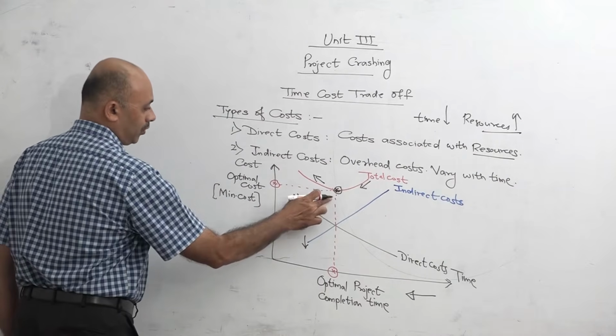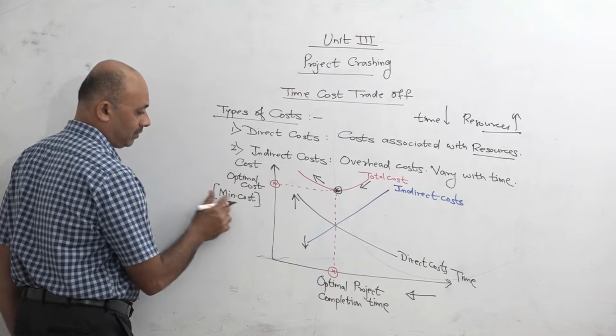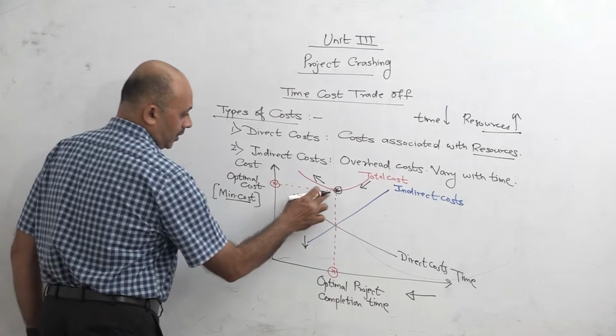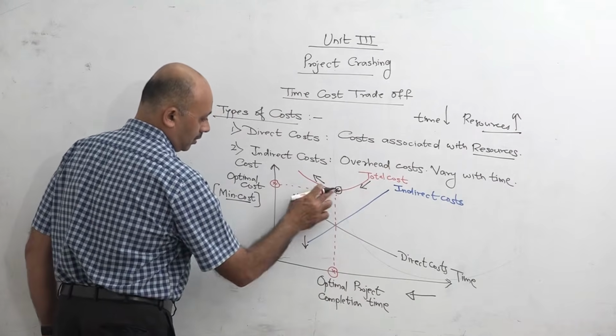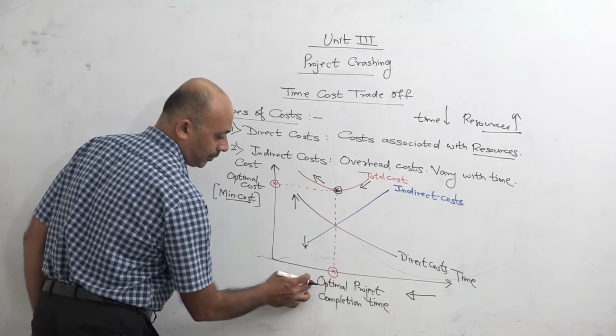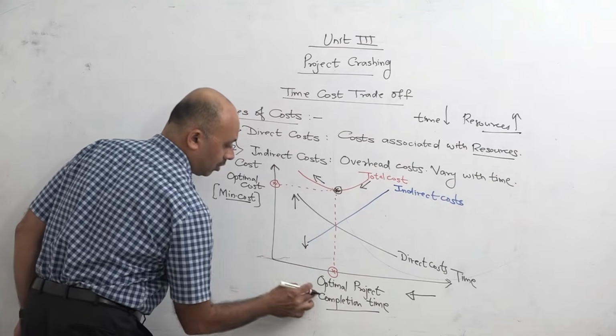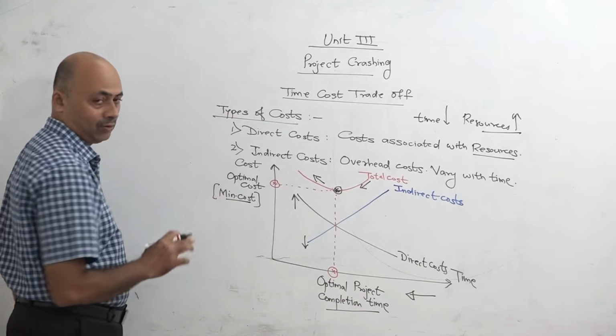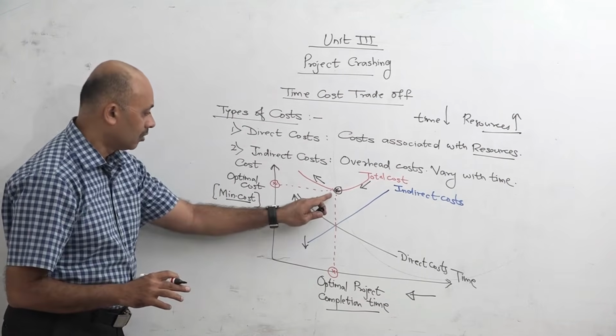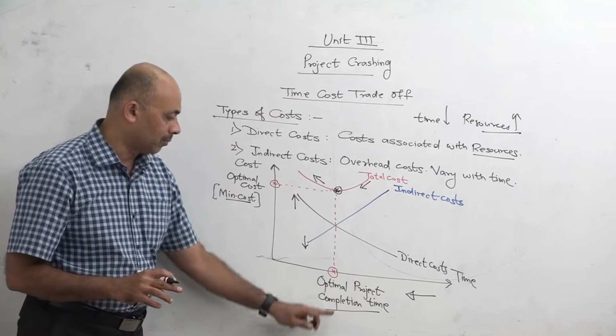So this point corresponds with optimal cost, or you can say minimum cost. And when you project this point on the time horizontal axis, the corresponding time is called optimal project completion time, because it is corresponding with optimal cost or minimum cost. So the objective of project crashing is to find the time corresponding with optimal cost and optimal project completion time.